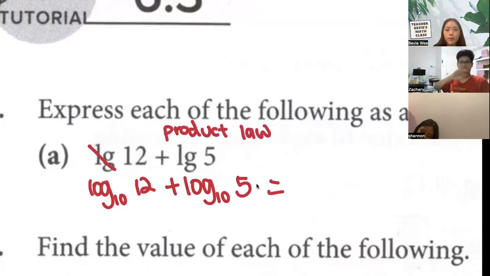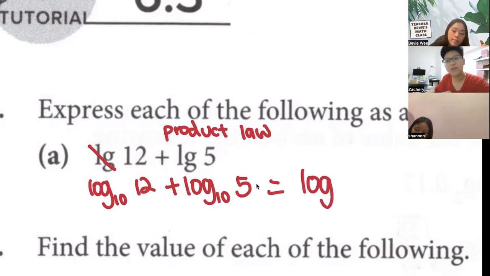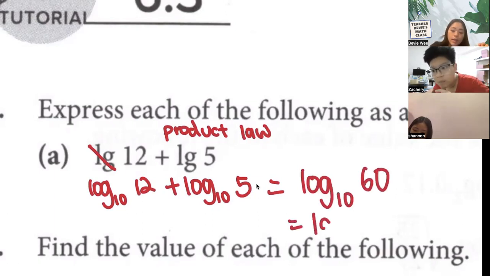Knowing the name is not important, but at least you must know so that when I say product law, you know what it is about. Is this a multiplication or a division, times or plus? To combine them, you share the same base and then you multiply. Then just change it back to LG. That's it.